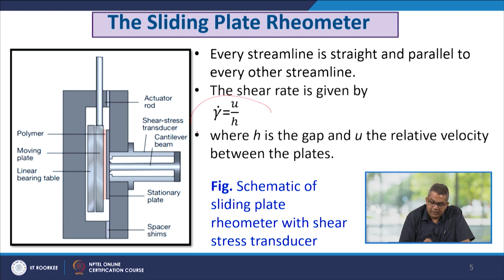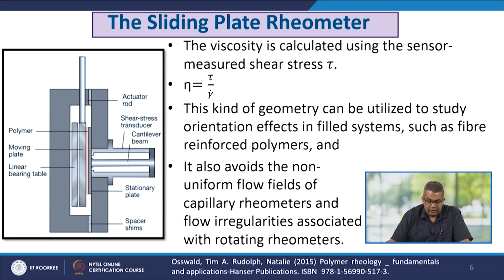So, the shear rate can be given as gamma dot equals U over H, where H is the gap between the plates, and U is the relative velocity between the plates. This is the schematic of the sliding plate rheometer with the shear transducer. Now, the viscosity is calculated using the sensor-measured shear stress tau. So, eta is equal to tau over gamma dot.